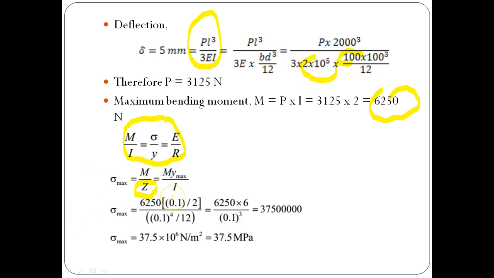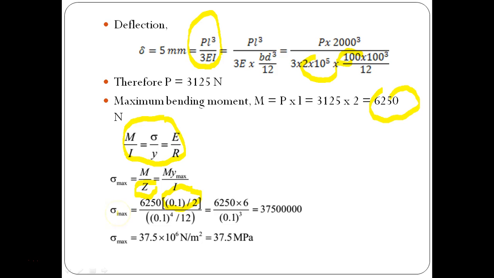Similarly, this y max equals d by 2, so 100 mm is already given, that is divided by 2. Similarly, I equals, since it is a square, d raised to the power 4 by 12.